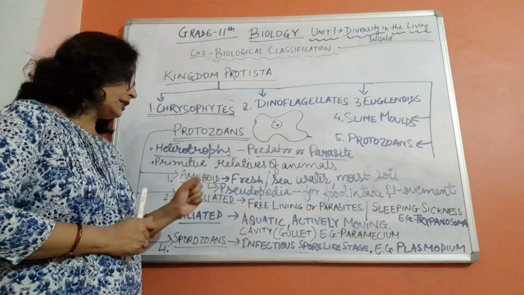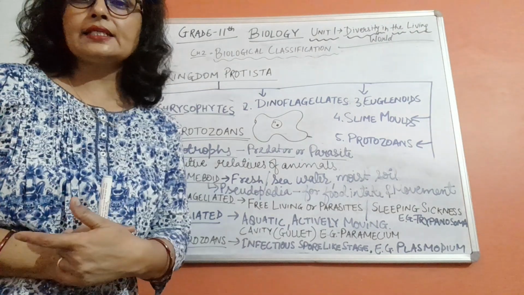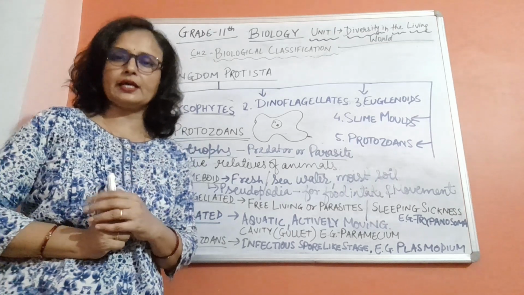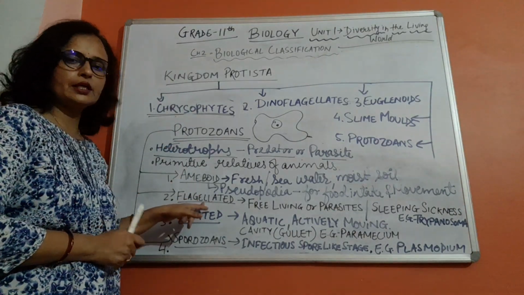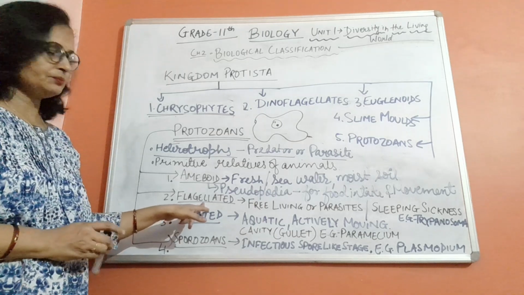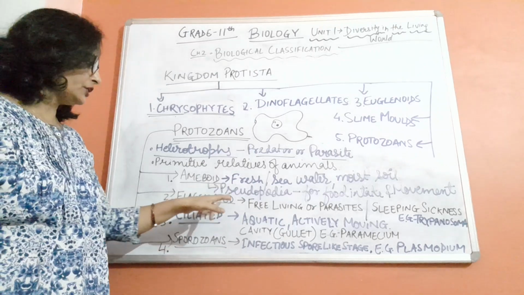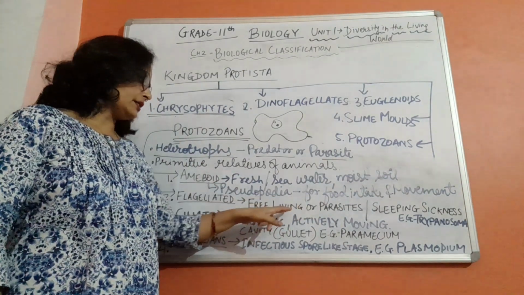Okay. Then next is the flagellated protozoans. Flagellated, as its name suggests, has flagella. What is there in it? Flagella. And flagella is like an outgrowth from the body. That flagella might be one or more than one in number, and it helps in movement. It's free living or parasitic.